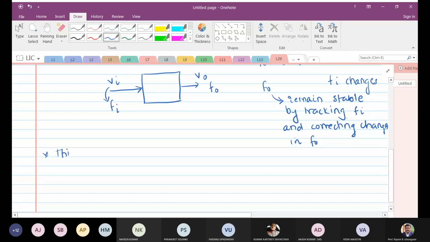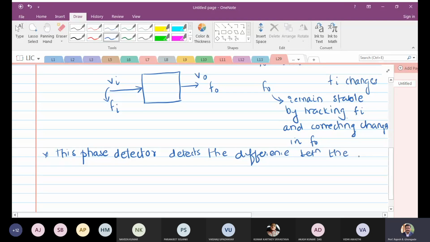This phase detector detects the difference between the two signals and converts it into what is called a control voltage.